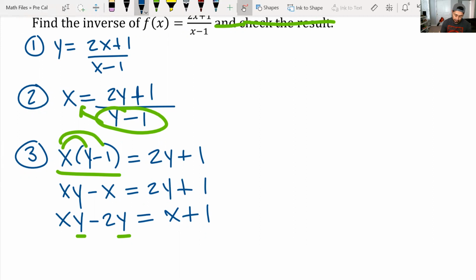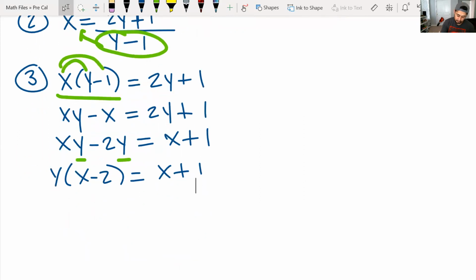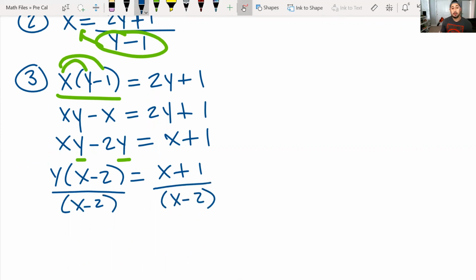Take out a y. y times x minus 2 equal to x plus 1, and then divide by x minus 2.